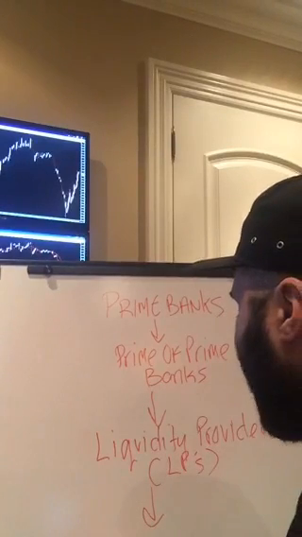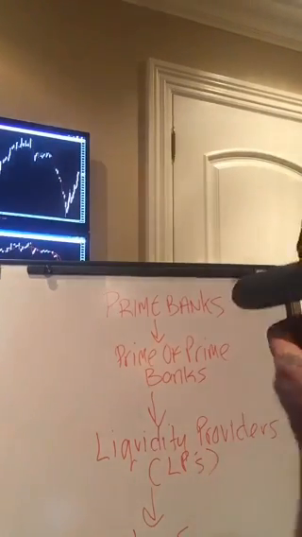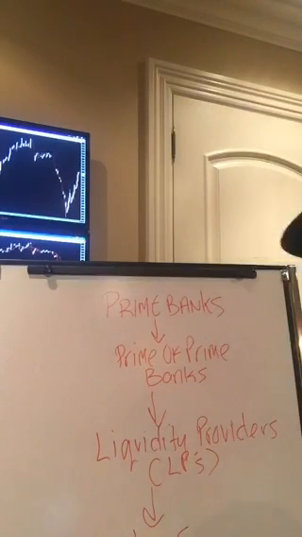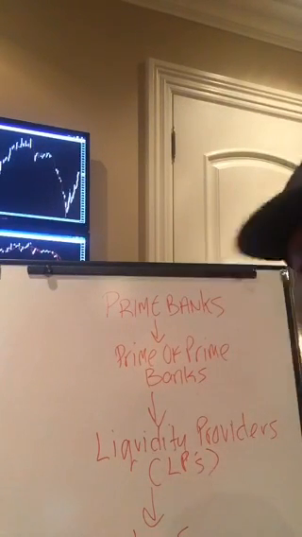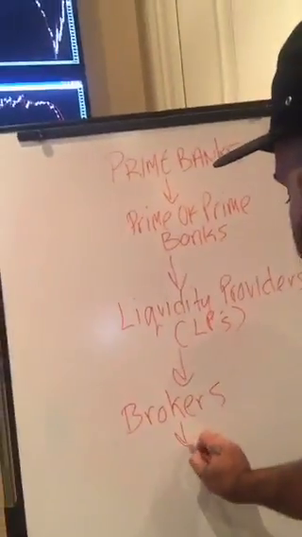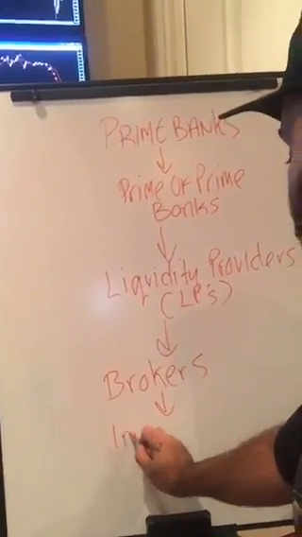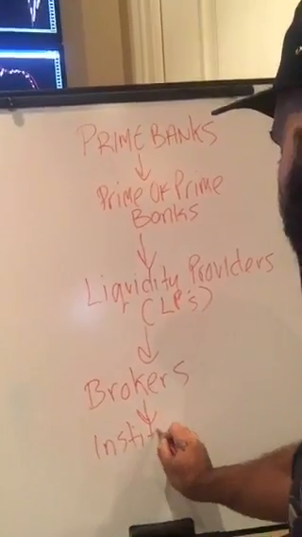Below that, we have brokerages and brokers. I used to own one myself. So these are the brokers. Let me bring this phone down. Below the brokers, you've got institutional traders.